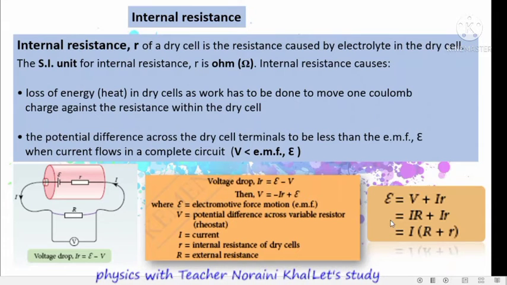By comparing the formula with V equals IR, you can see clearly that the external resistor and internal resistance in the circuit are actually in series connection, where I is the total current and EMF is the total voltage supplied by the battery.